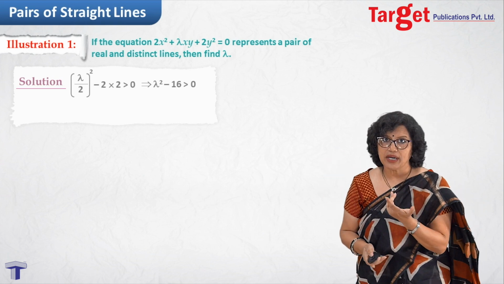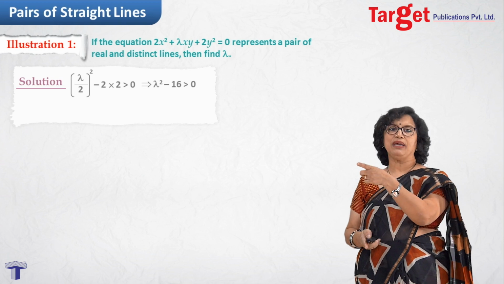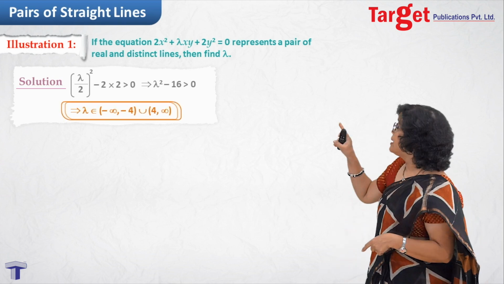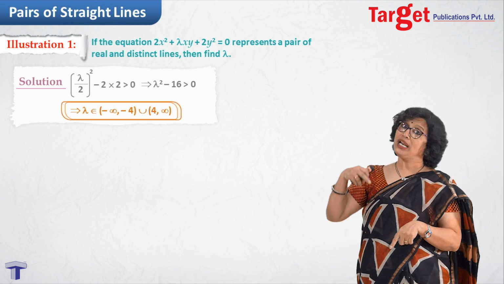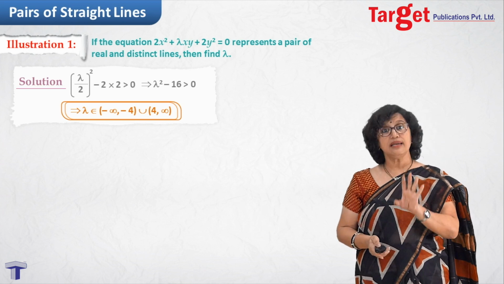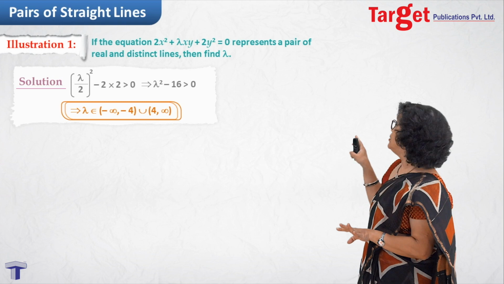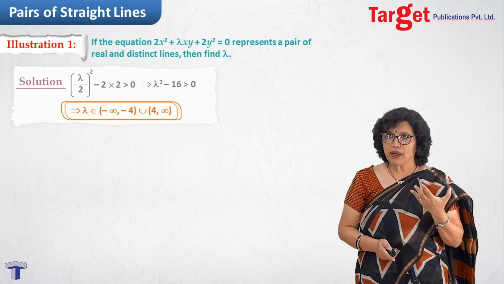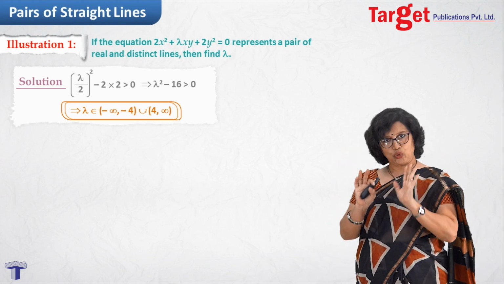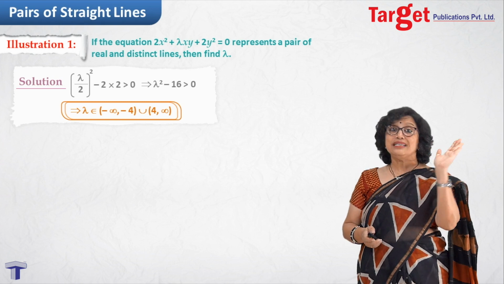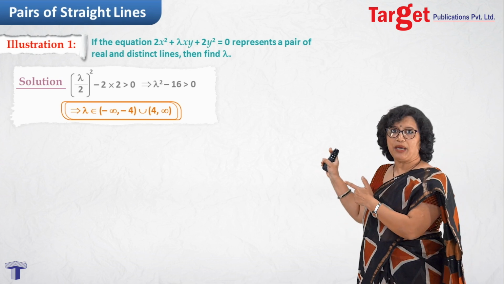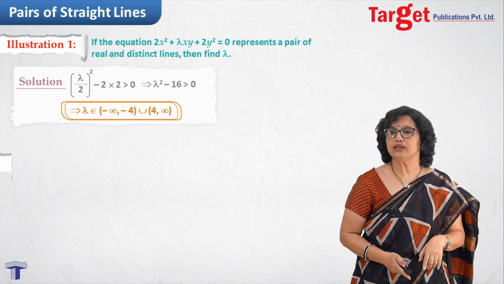Please revise this and you will be able to get the answer: lambda would be less than minus 4 or lambda would be greater than 4, and hence lambda belongs to minus infinity to minus 4 union 4 to infinity. I hope that though the solution is short, your concept is clear. Then perhaps you will be able to write such a short and sweet solution.